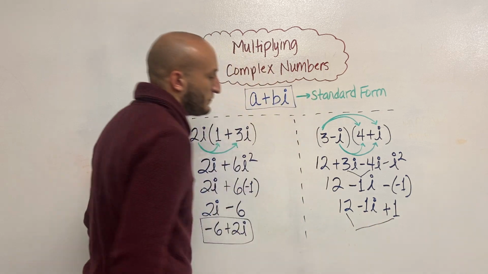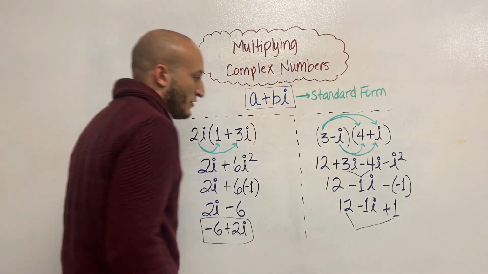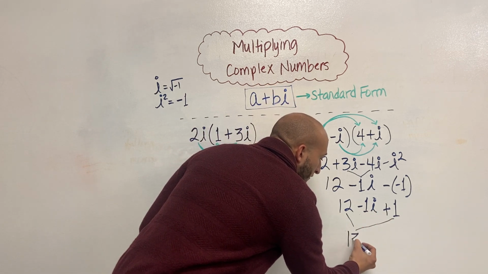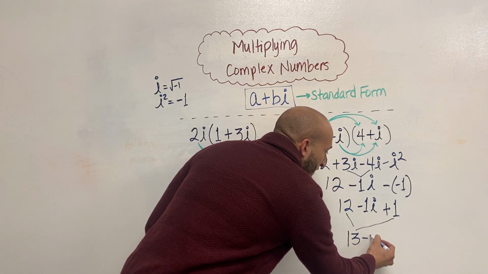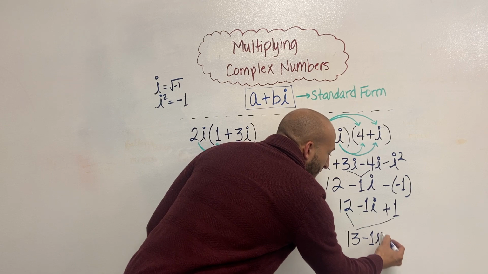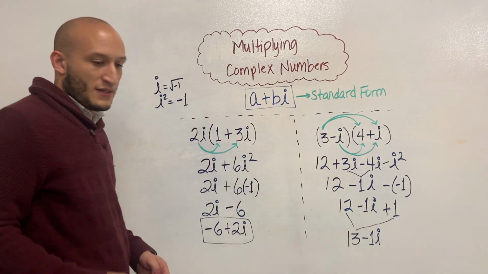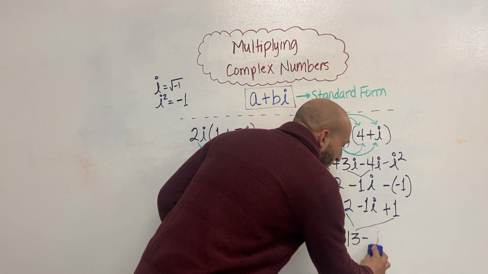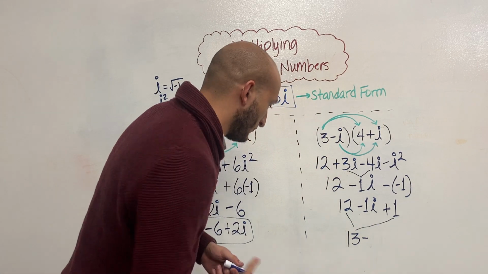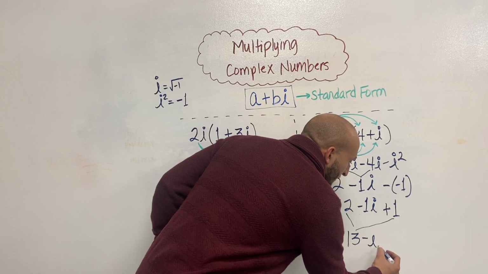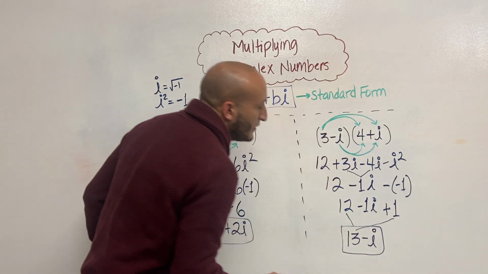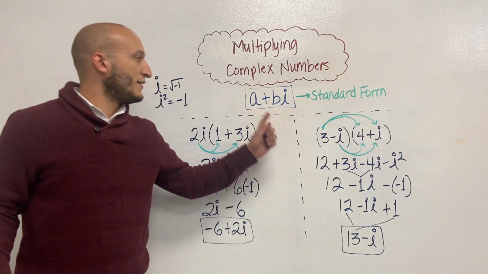The 12 and the 1 are like terms, so 12 plus 1 is 13 minus 1i, or you can erase the 1 and just say it's a negative i. So 13 minus i would be my final answer there, and it is in standard form.